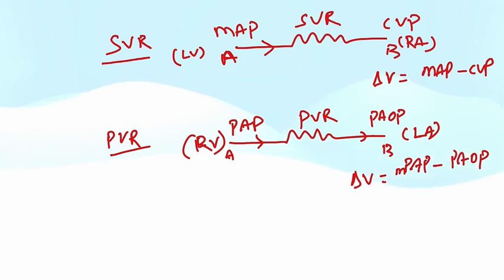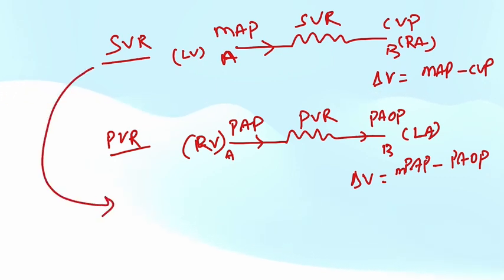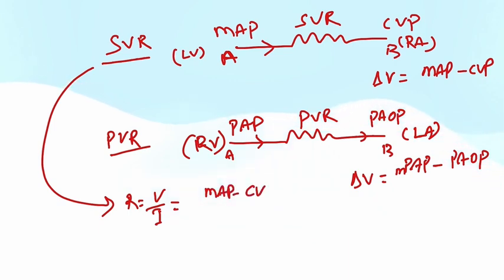When we calculate systemic vascular resistance, R equals V by I. As we have already discussed, the potential difference is mean arterial pressure minus CVP, divided by I, the flow or current. Here it is cardiac output.